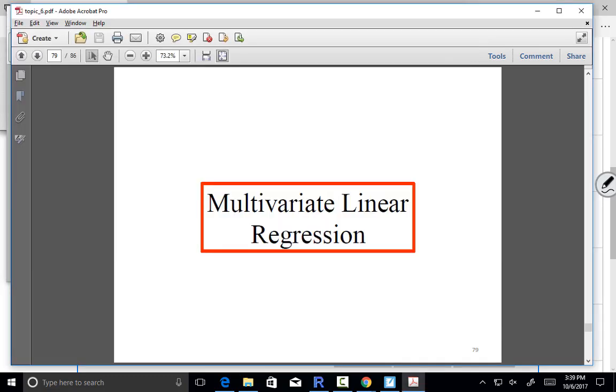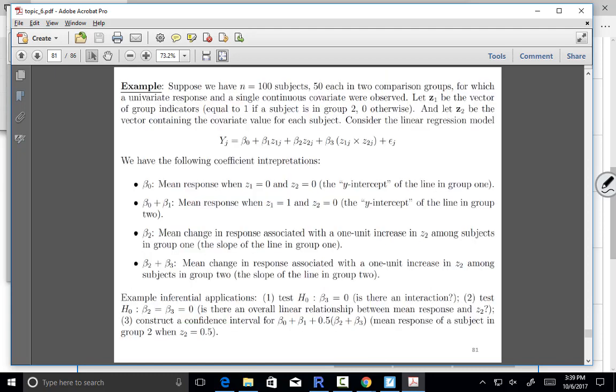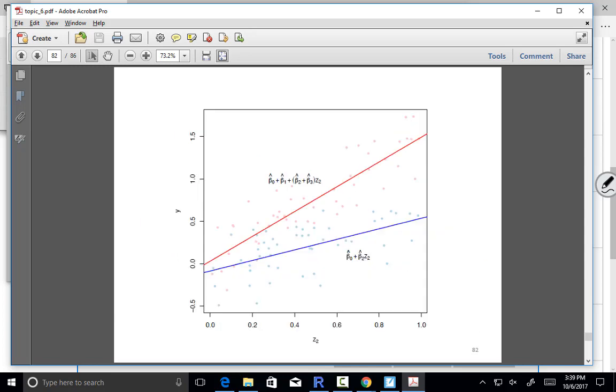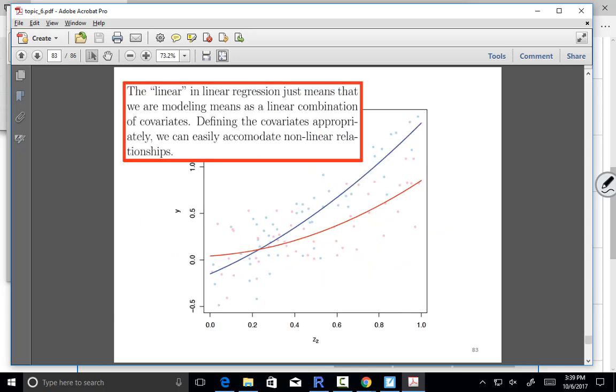I don't have time to go into multivariate regression much in our class, but I want you to at least be aware that it's out there. And the theory, the interpretation of model coefficients is comparable to the univariate regression setting.